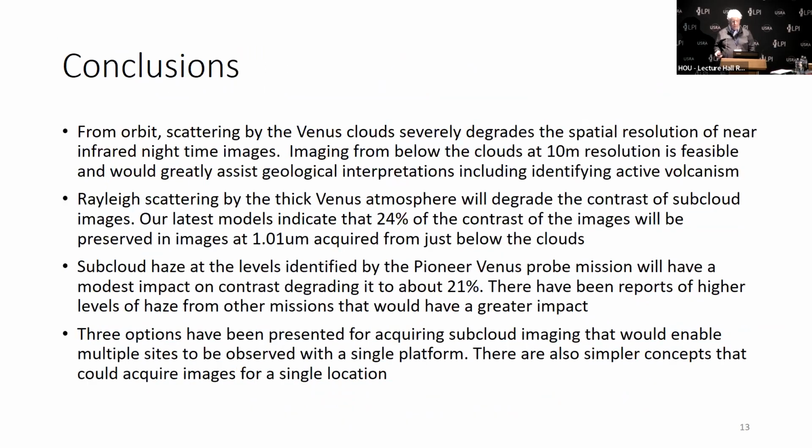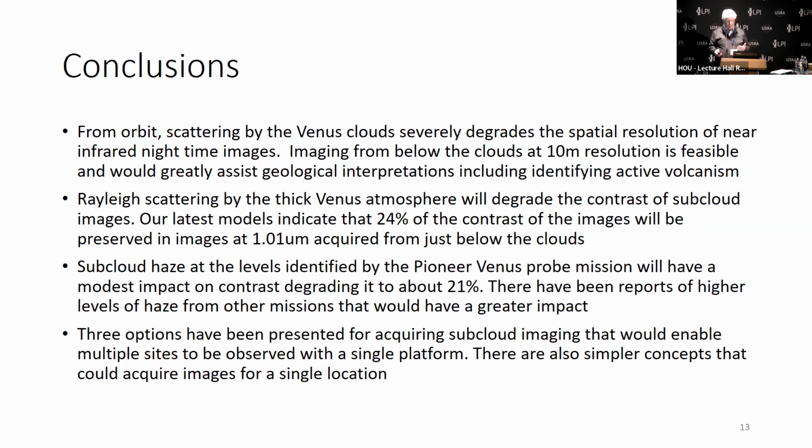So just to wrap up here: from orbit, scattering by the Venus cloud severely degrades the spatial resolution of near-IR nighttime imaging. So imaging from below the clouds at 10-meter resolution is feasible and would greatly assist geological interpretations, including identifying active volcanism. The Rayleigh scattering degrades the contrast of subcloud images.